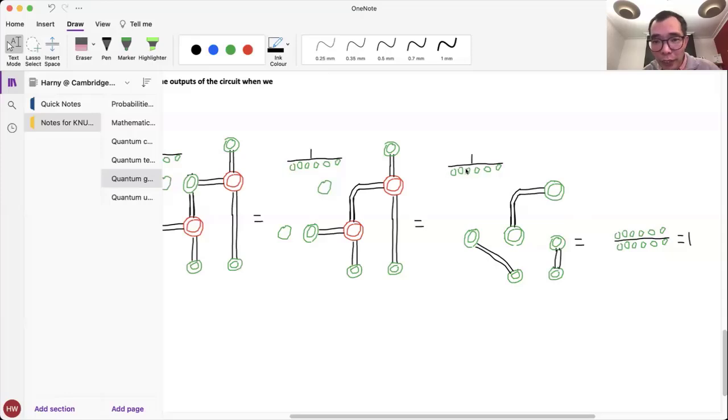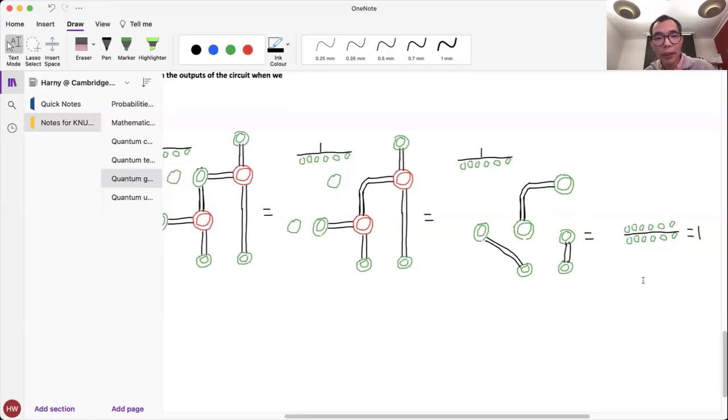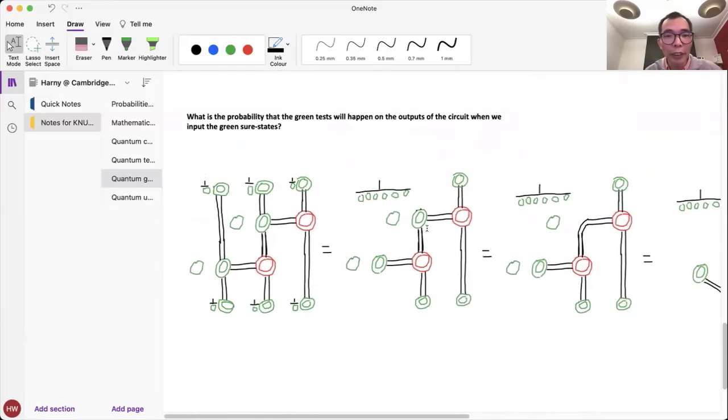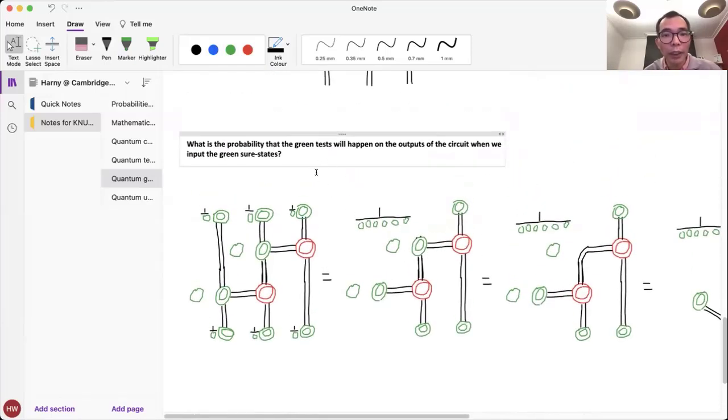But here we also have single circles on the bottom. So this means we have 6 circles on top, divided by 6 circles on the bottom. So the total number is just 1. So for sure we can get the probability is 1.